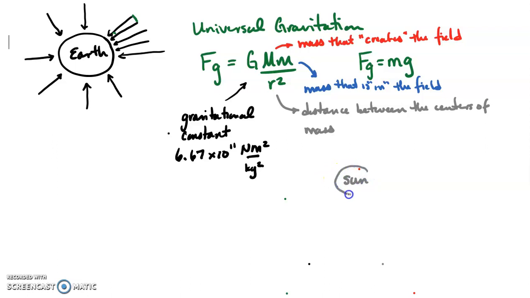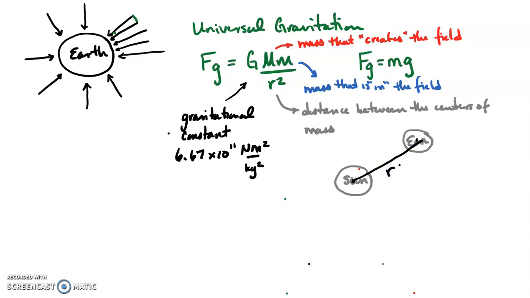All right, there's the sun. And then we have the earth. This is not drawn to scale in any way, shape, or form. And we would say, okay, well, the radius is the distance between their centers. All right, so that would be the radius. Okay. And basically, it's just a plug and chug equation.